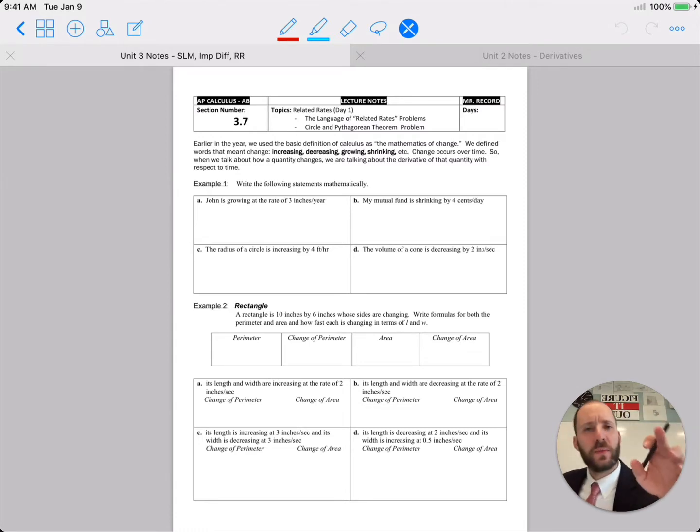So I talked about implicit differentiation, about the need to take a derivative when there are multiple variables involved. As systems occur in the world, there are usually many things that are changing at one time.